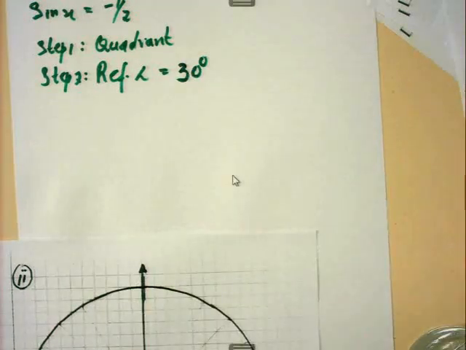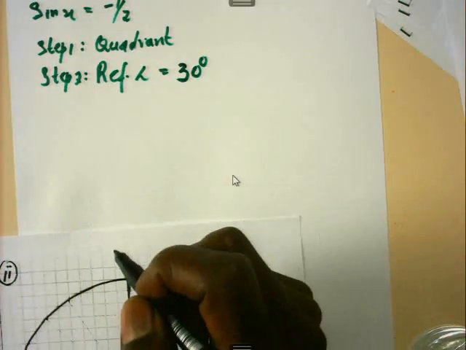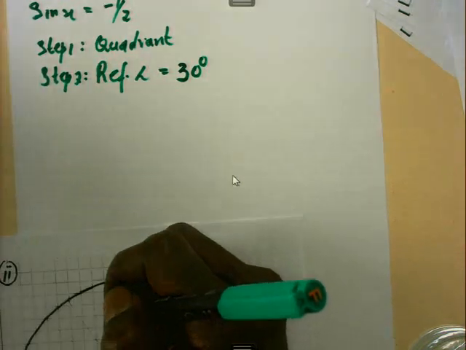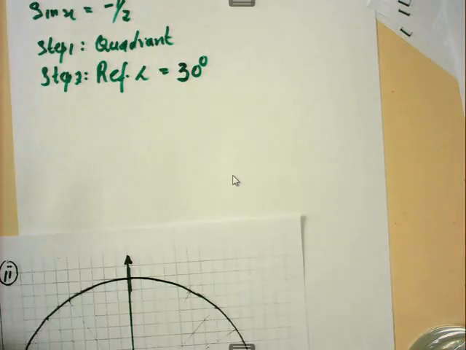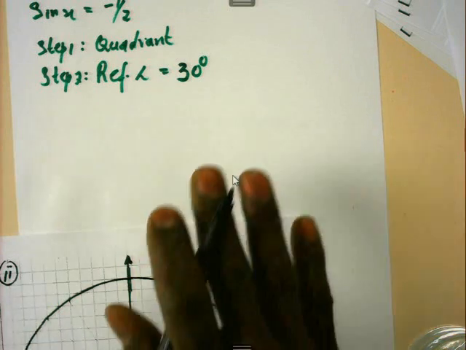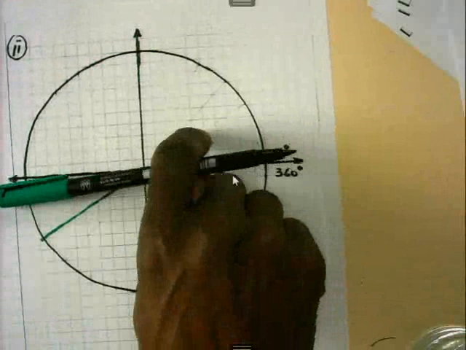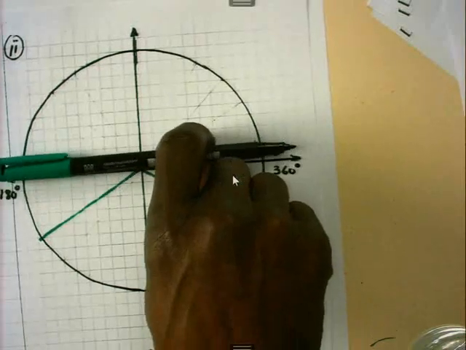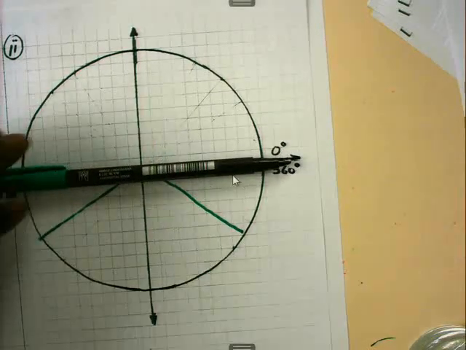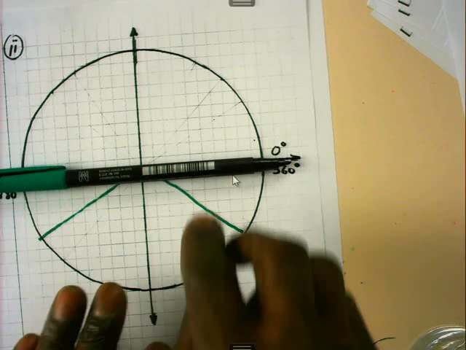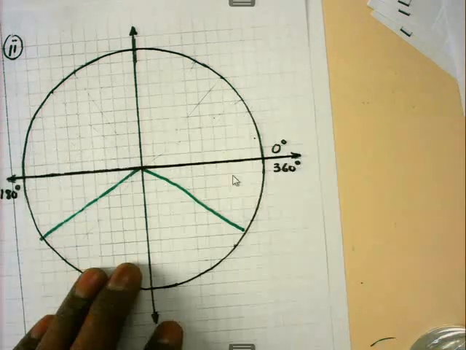Right. Is 30 degrees the solution for that problem? The answer is no. Now, what is our solution? I'm going to drop my marker once again, just to print this in your brain that we always use the x-axis to find the solution for the problem.